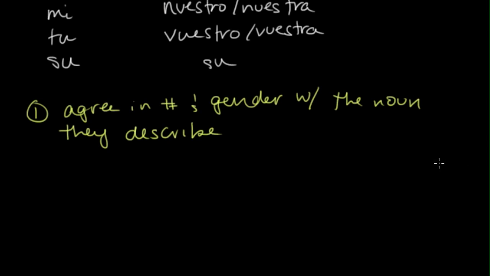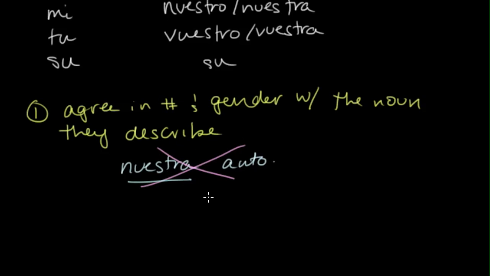But this is a little bit tricky because a lot of people would be tempted, if you had a group of all girls, and you were one of them, and you all owned a car together, to say nuestra auto for our car. But this is actually incorrect.